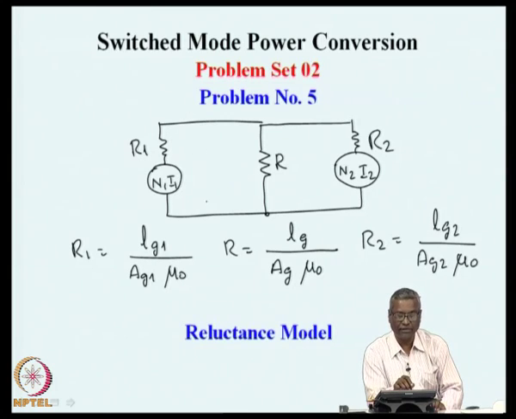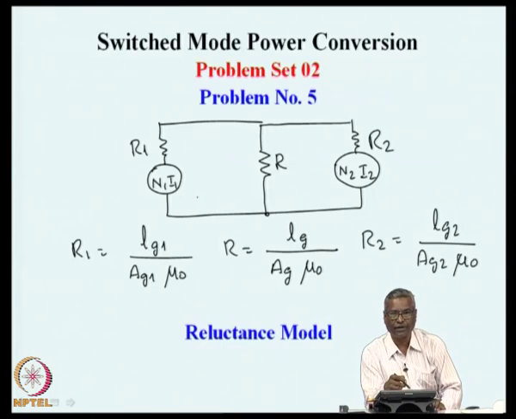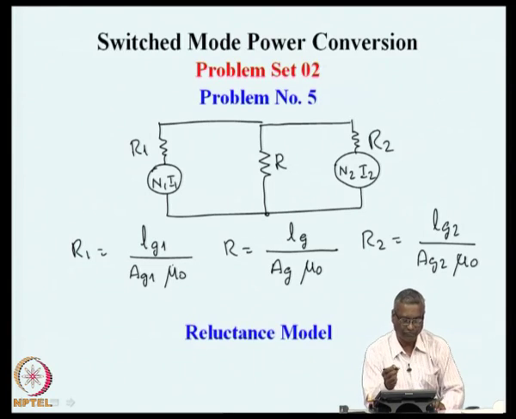So, from this equivalent circuit, it is possible to find out the required ratios, which are basically flux linkage per ampere defined appropriately. If it is a self inductance, it will be flux linkage on winding 1 on account of current in winding 1. If it is mutual between winding A and B, it will be flux linkage in winding A on account of current in winding B.